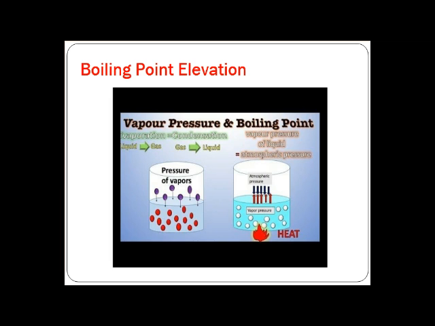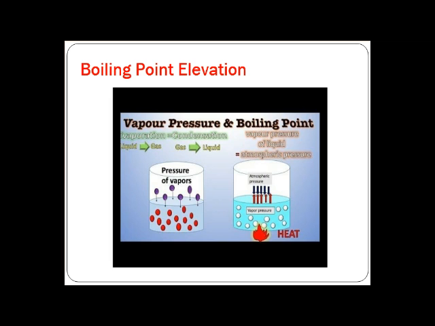When you consider pure water as a solvent and check the boiling point, it will be 100 degrees Celsius based on the atmospheric pressure. And when you add some sodium chloride solute inside that and stir well, after that when you check the boiling point, it increases by some degrees Celsius.